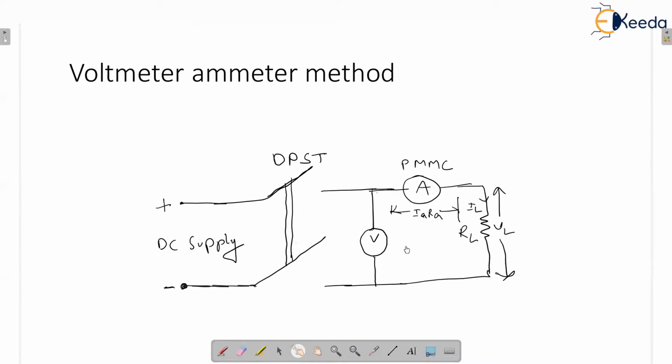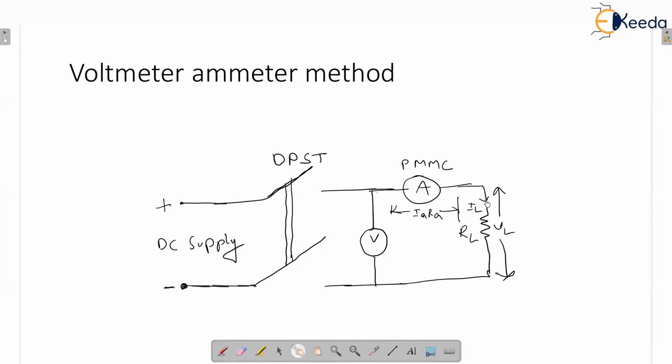So observe here, the voltmeter measures the voltage across the ammeter and the voltage across the load. Whereas the ammeter current and the current through the load are both the same, they are connected in series.